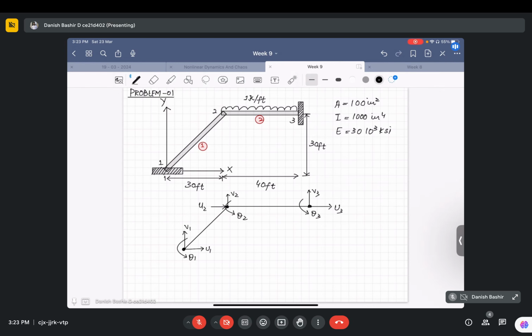This is the type of elements we have seen, and the first element is inclined while the other one has zero inclination. Okay, I will show that one also. So this is element 1, it's inclined with global x by angle alpha like this. Let's have node 1 and node 2.